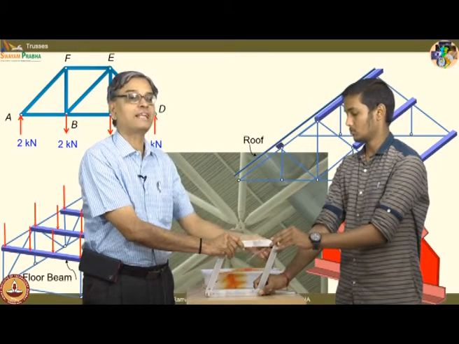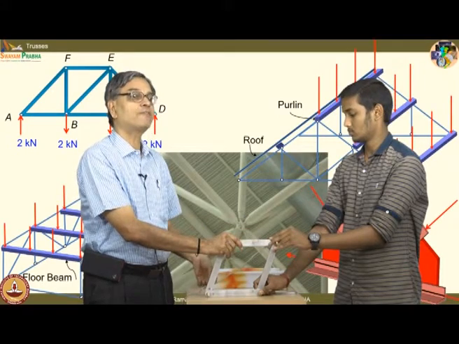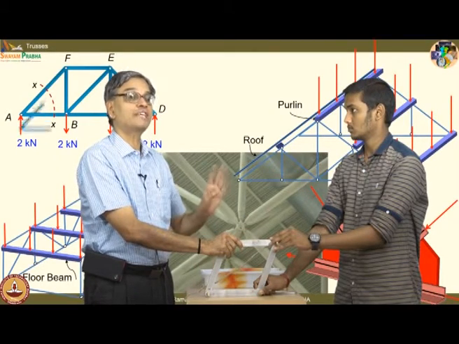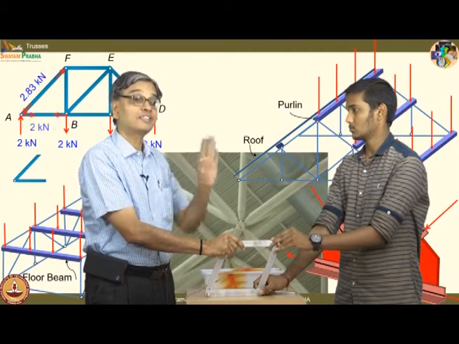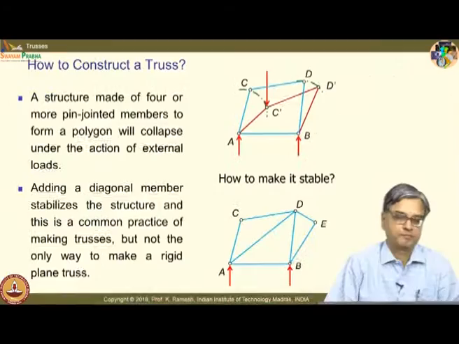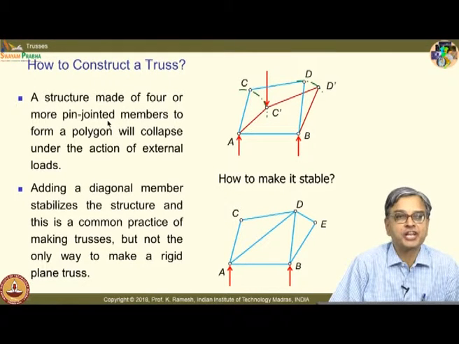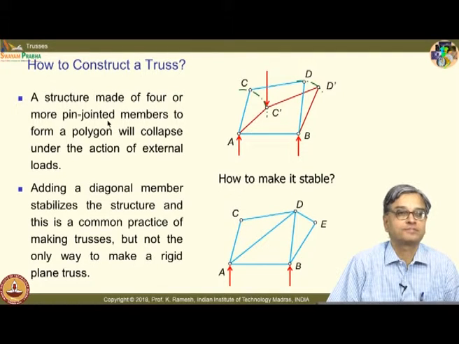I can have a metallic wire which will replace the thick bar which I have used earlier, as long as I am interested in arresting the effect of wind. See, we have seen that a triangular shape can hold any amount of force.